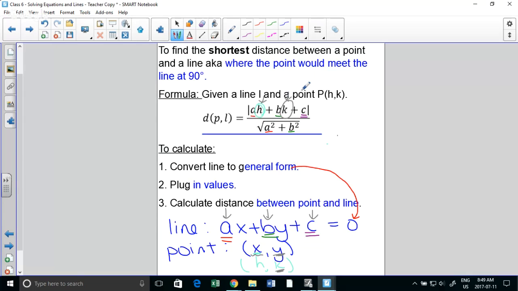All of those things are numbers, so you should not have any variables. Anything else? No questions from the handout yet?